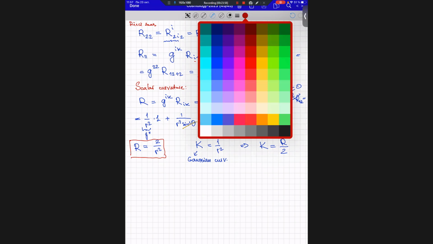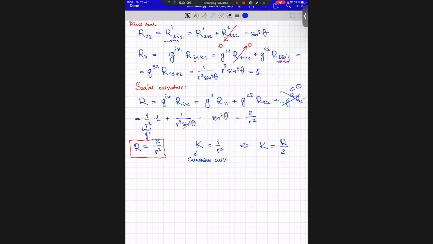What we can see is that the scalar curvature is positive.